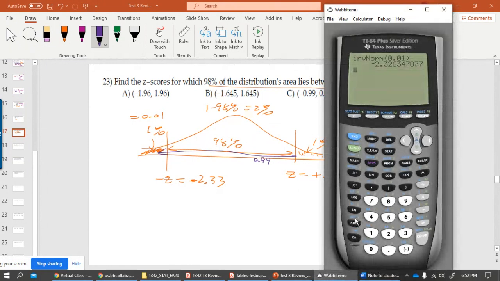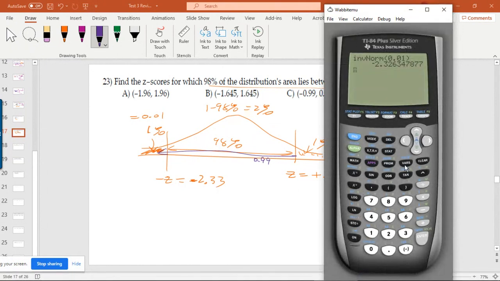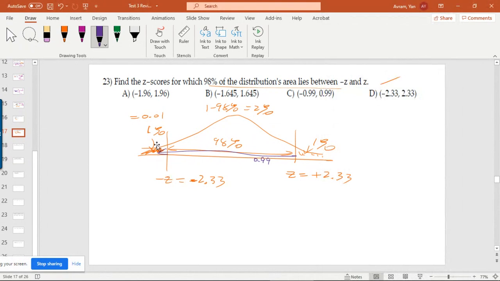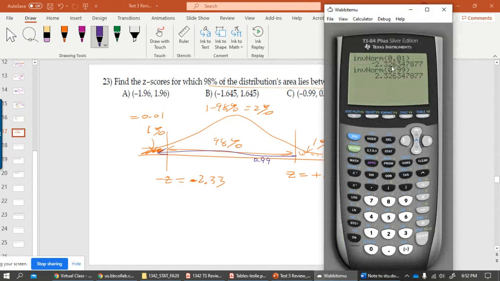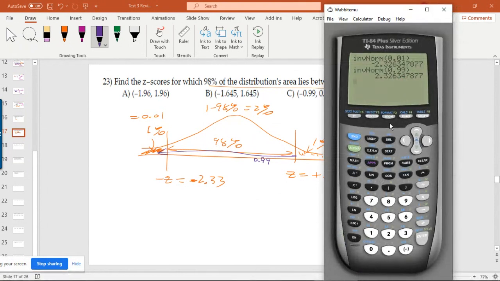So if I go to read a table using second VARS, using inverse norm, if I type 0.99, I should get exactly the same number but positive. Look at it. So I don't have to do that twice. If I know that, I just need to read it once, and I know this side will be positive. So that will make it easier that way. Okay.